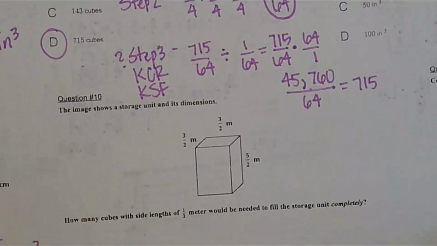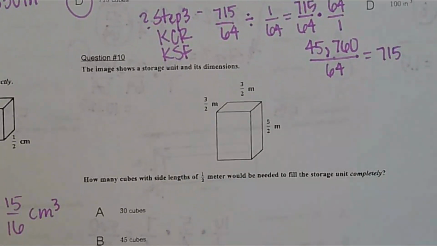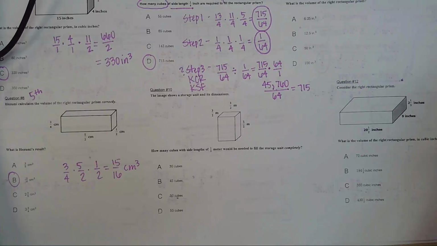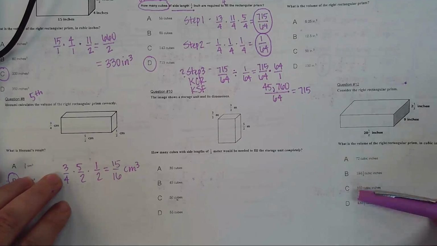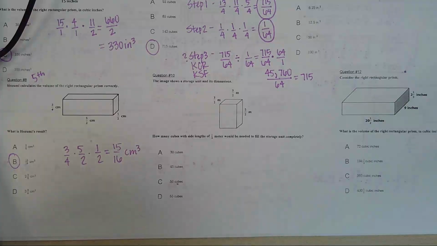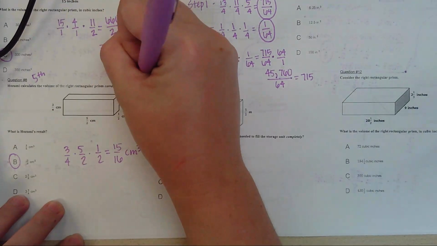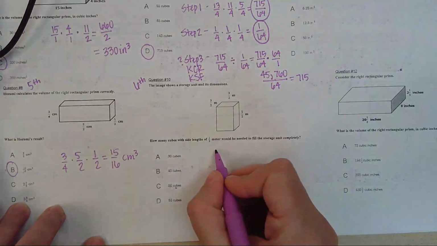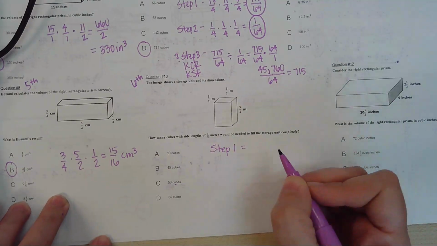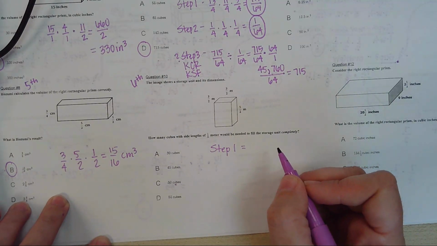So now, look at number 10. One more time. Got it? Look at 10. Fifth or 6th? 6. So, step 1, what do I do? You do the 5th grade one. And do I have to fix anything? Awesome.